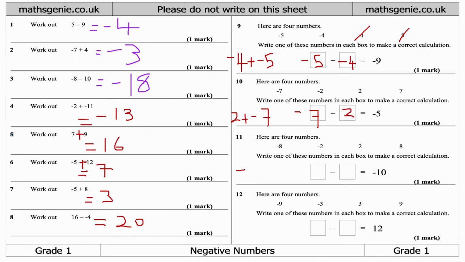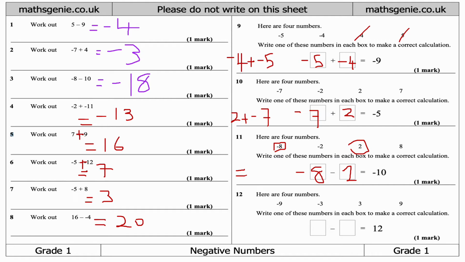Question number 11. Two numbers that add to give me minus 10. It's got a subtraction now, so I've got to be careful. It would be minus 8 take away 2. So I used these two numbers.